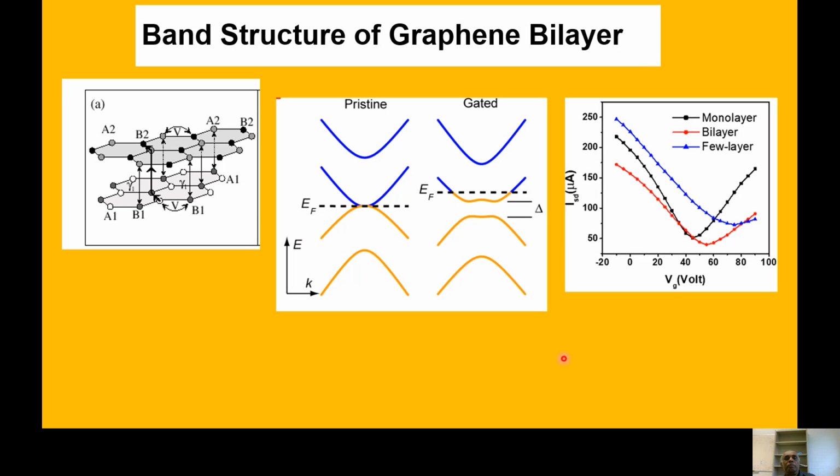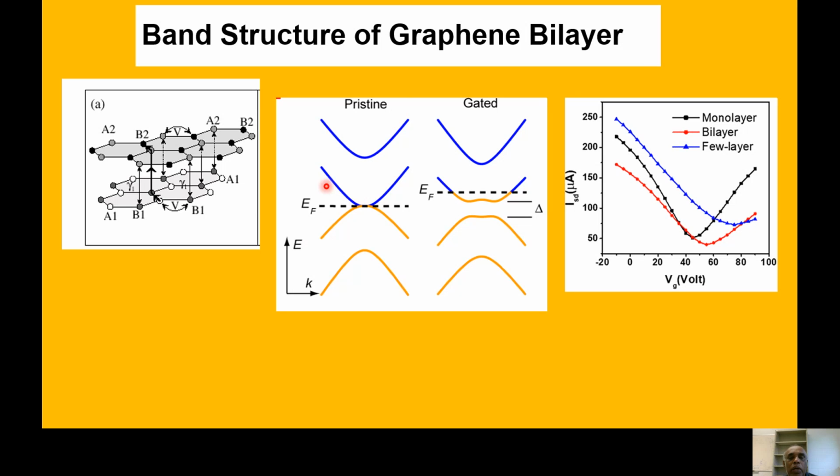The bilayer graphene with some gate voltage. In this bilayer graphene, in the pristine state without any gating, you can have these Van Hove singularities. Then we have these sub bands coming due to this layer interaction.